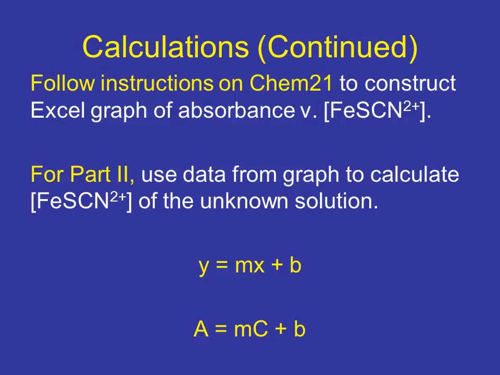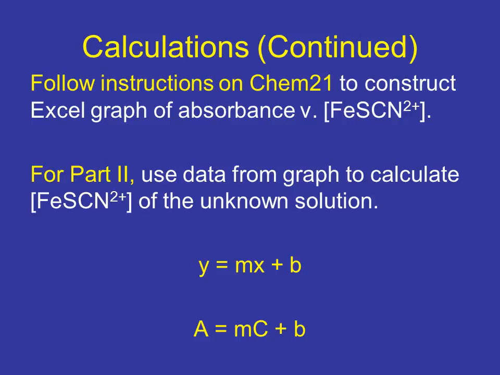For part 2, use the data from the graph you constructed to calculate the thiocyanate iron of the unknown solution. By the way, when you enter the values for the slope and the R-square values on CHEM21, use those values straight from the Excel graph that you constructed.